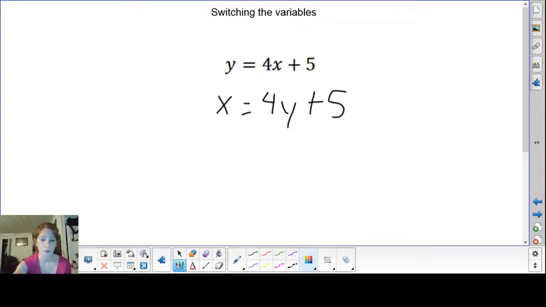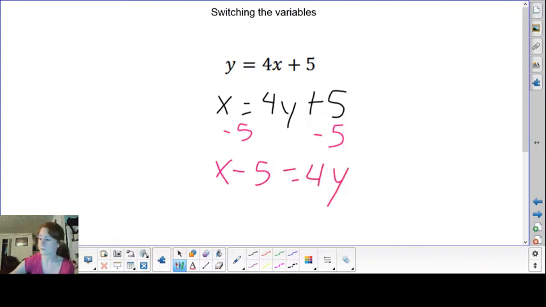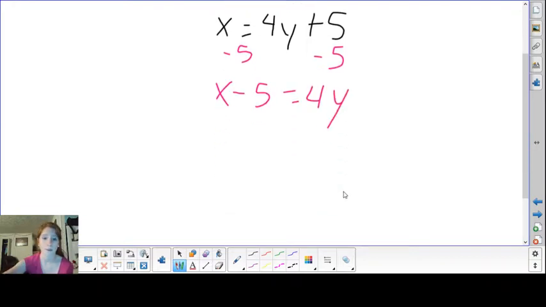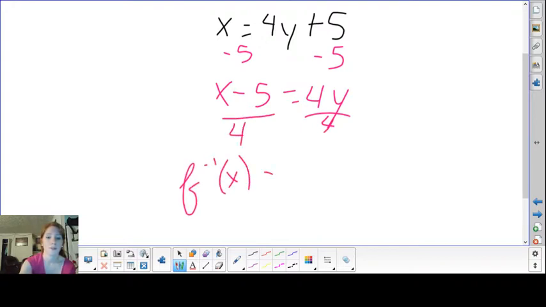Basic solving tells me I'm going to subtract 5. So I have x minus 5 is equal to 4y. Again, still trying to get y by itself, I divide everything by 4. My inverse of f is x minus 5 over 4.